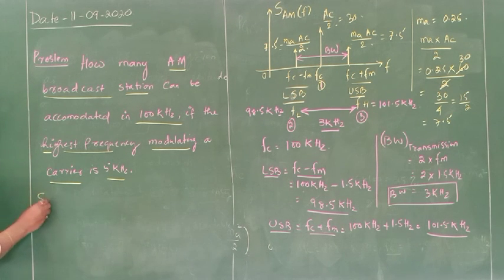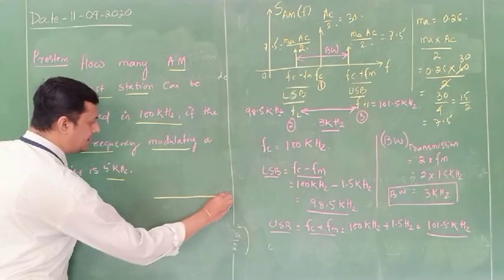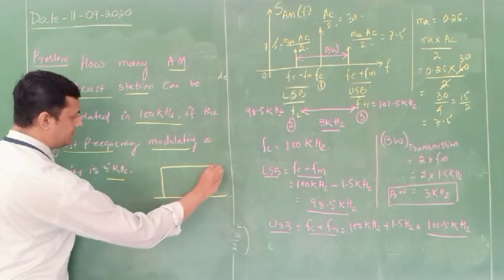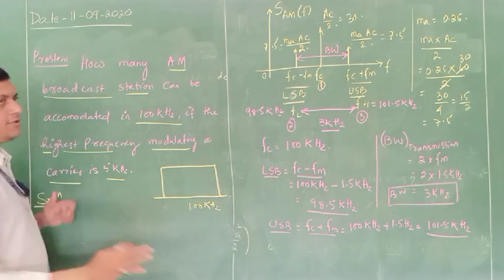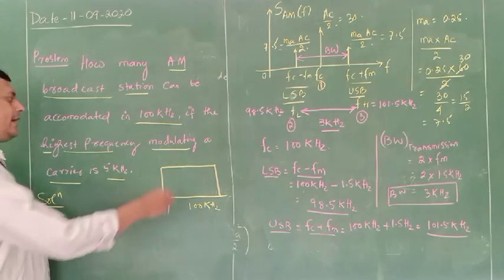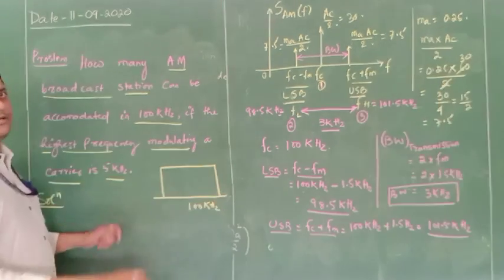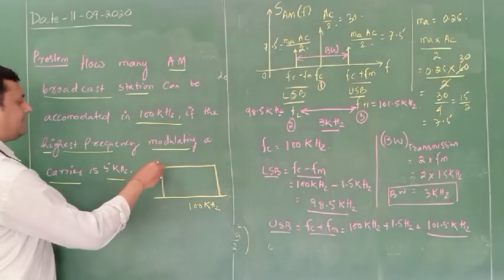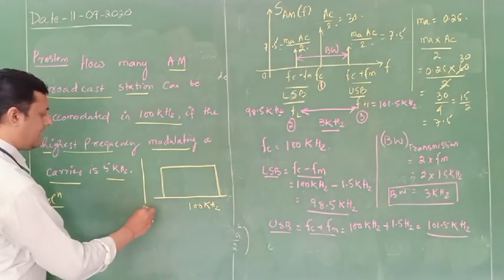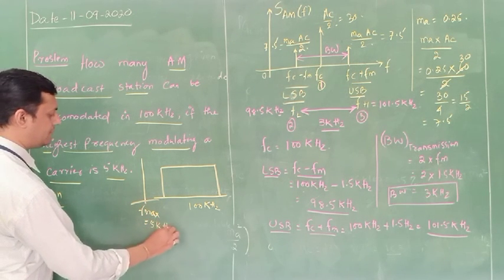Let's see. So, here I will write the solution. This indicates that, for example, this is the total bandwidth, which is 100 kilohertz. This 100 kilohertz bandwidth is available to you. In this, n number of modulating signals or modulated signals are available, in which the maximum frequency, here I will say F max, is 5 kilohertz.